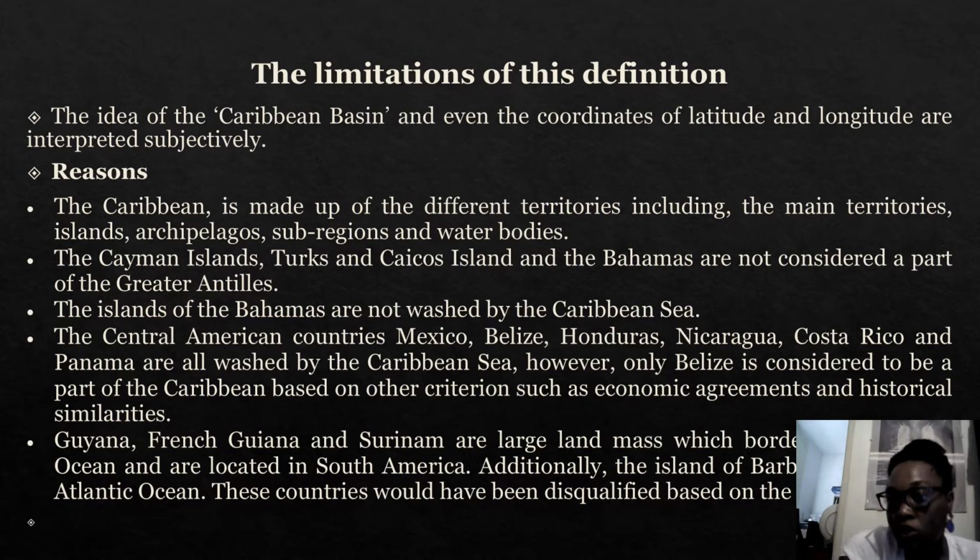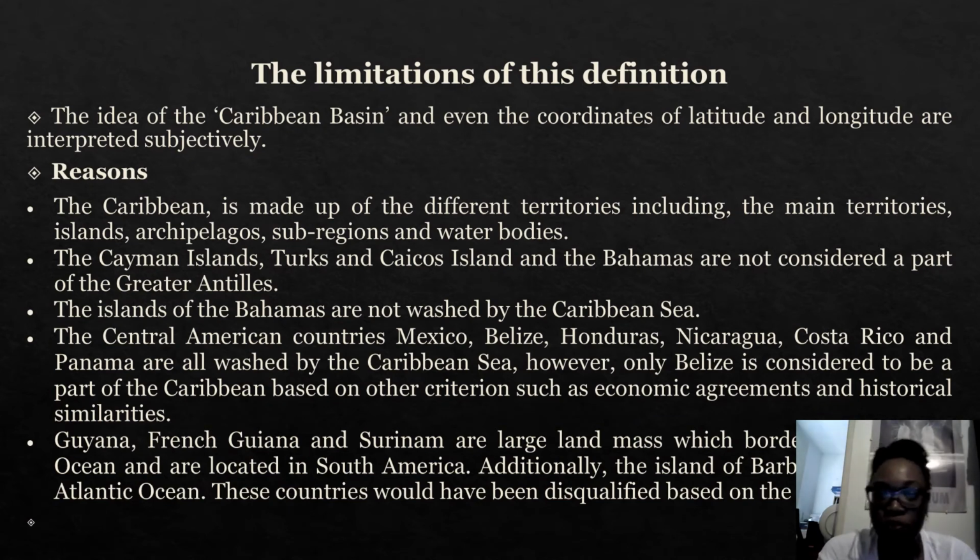Now, all these countries that I have identified consider themselves to be Central and South American countries. All right, so if we're going to classify the Caribbean as all areas washed by the Caribbean Sea, then it will qualify countries that do not identify themselves as Caribbean, if you understand what I'm saying.